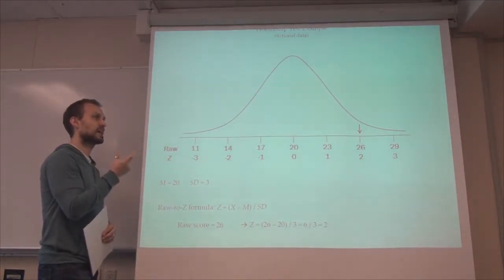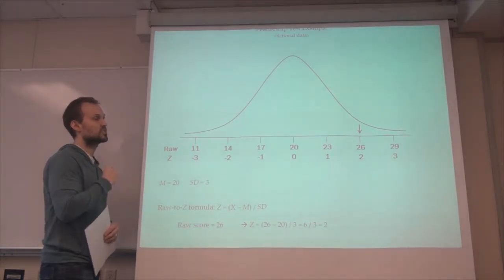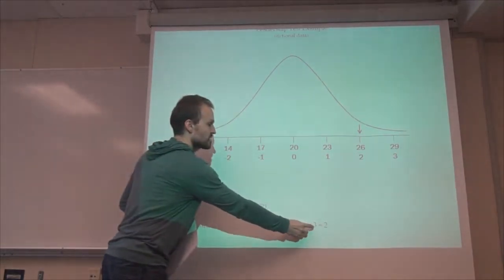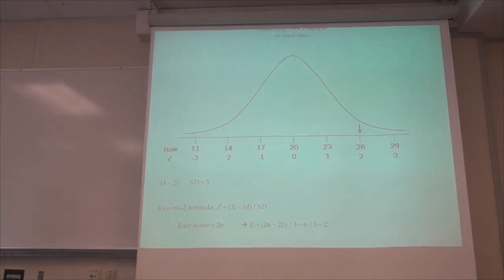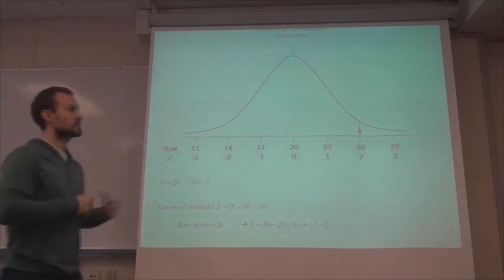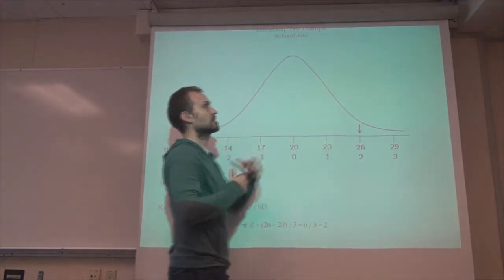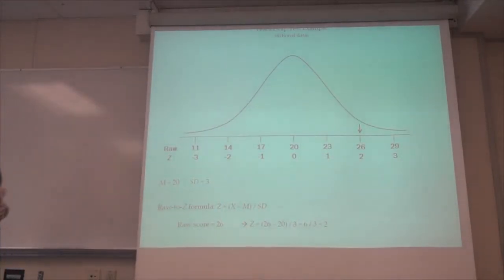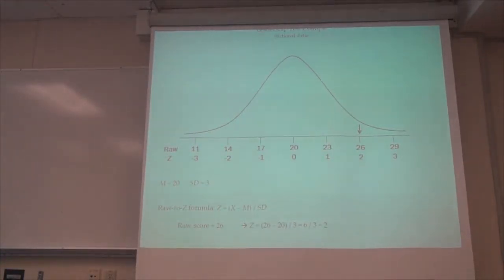But how much is that in standard deviation units? Divide by the standard deviation of 3, and it tells me it was 2 standard deviation steps away. So even though in terms of the raw score, the difference was 6 in both cases, 20 to 26, and the other example was 90 to 84, they are very different positions in the distribution.